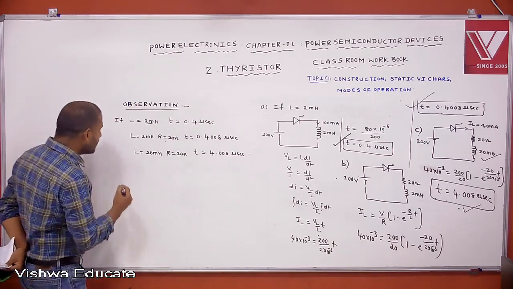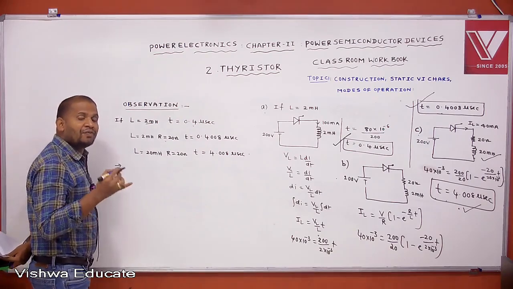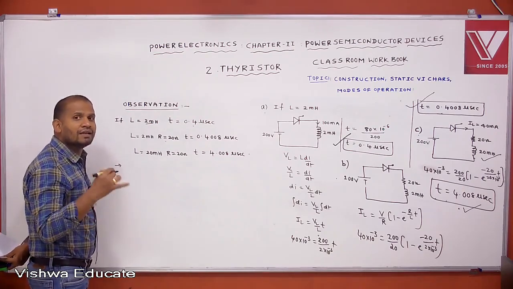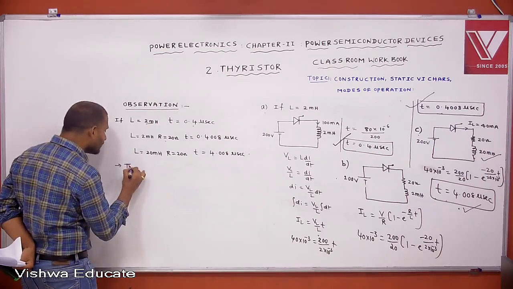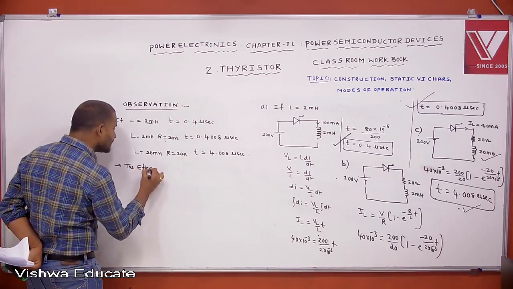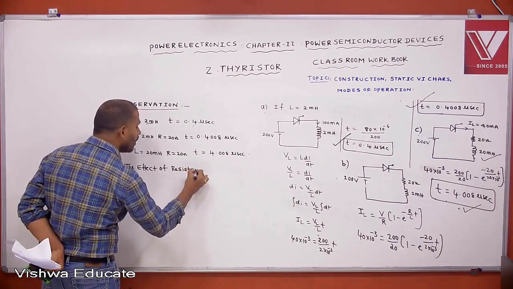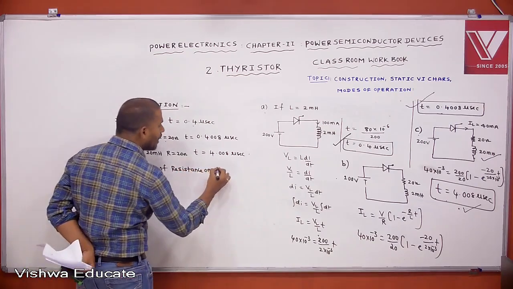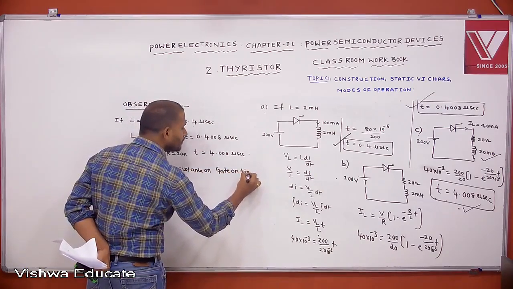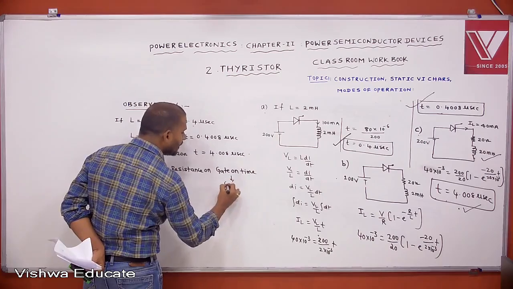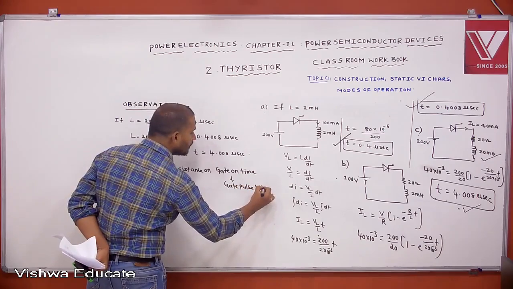Then only the SCR will be turned on. This is very important. One observation is that the effect of resistance on the gate on time, that is the gate pulse width, is negligible.